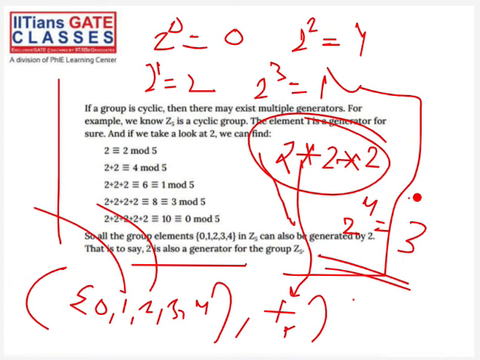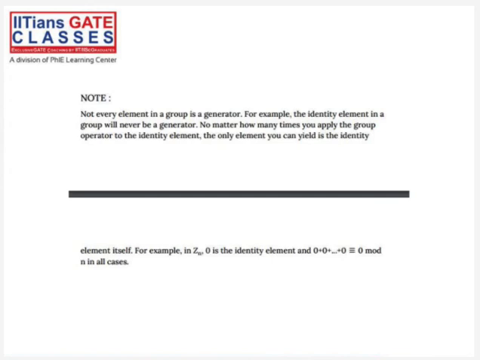For example, one is also a generator here, two is also a generator here. A generator is an element which can generate everything by some power. Basically, if you just change the power, then you can generate everything. This is the definition of generator, and this is the definition of cyclic group. Hopefully you got it. Any doubt you can ask.